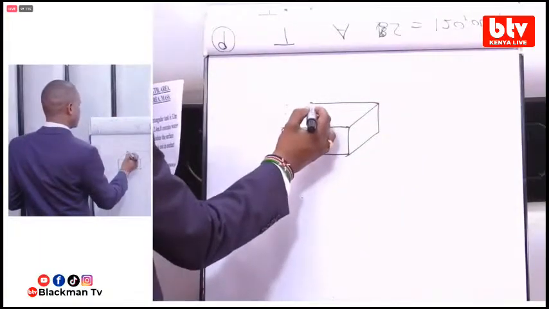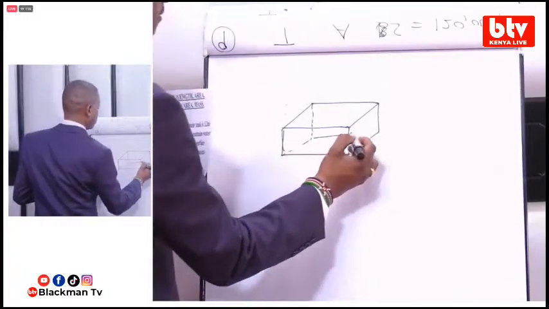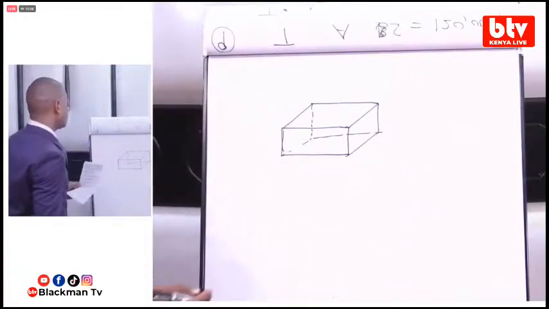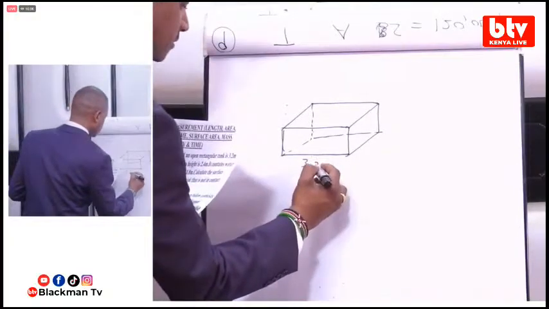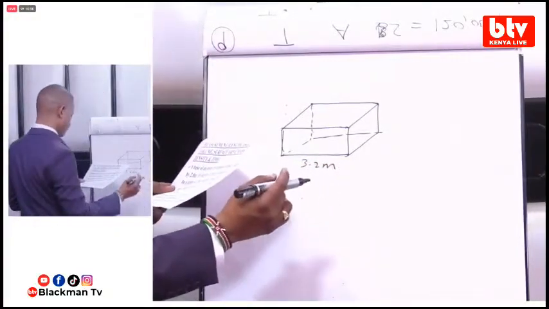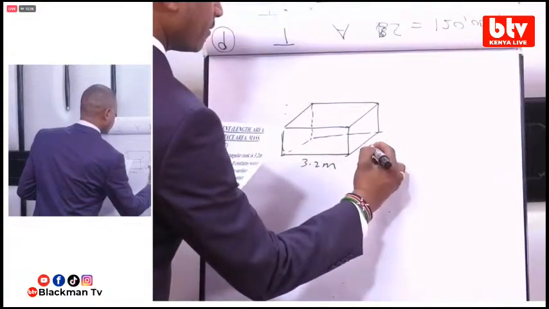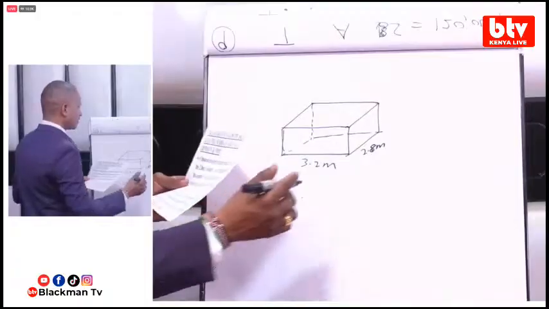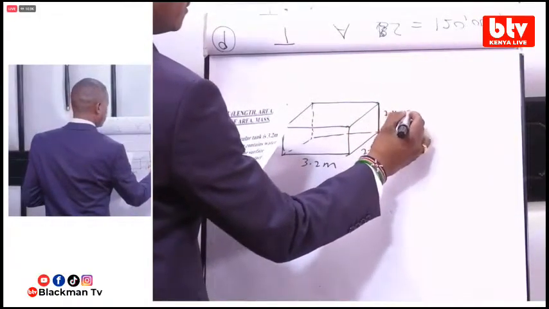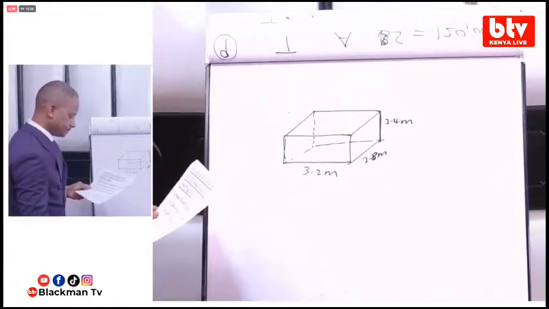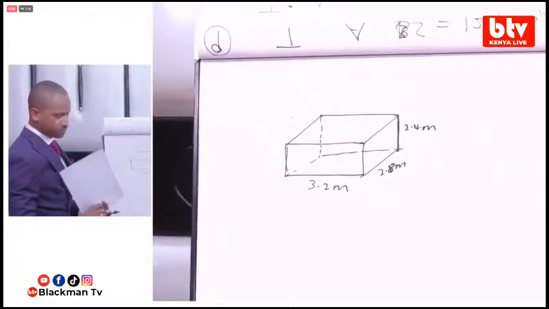This tank is 3.2 meters in length by 2.8 meters in width. Then the height of this tank is 2.4 meters. It contains water to a depth of 1.8 meters.